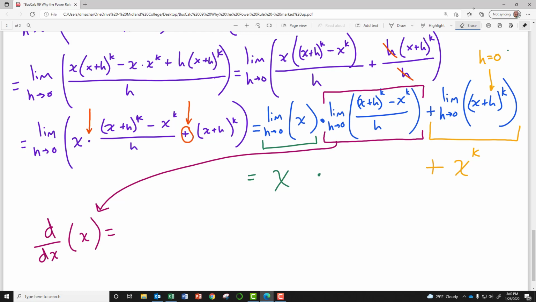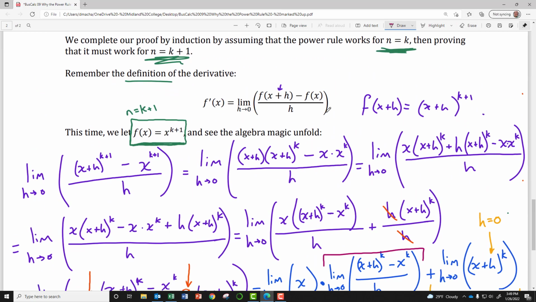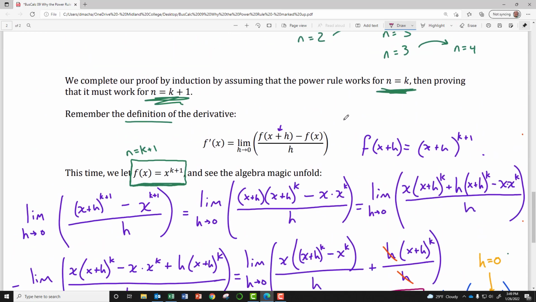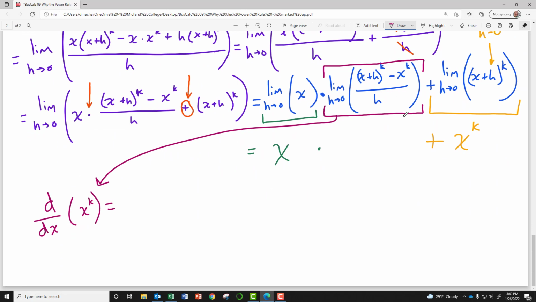I wouldn't blame you if you had forgotten this already, but we have made an assumption about the derivative of x to the power k. We assumed that the power rule works for when n is equal to k. And so using the power rule here, for x to the power k, my power rule tells me that this derivative is k times x to the power k minus 1.